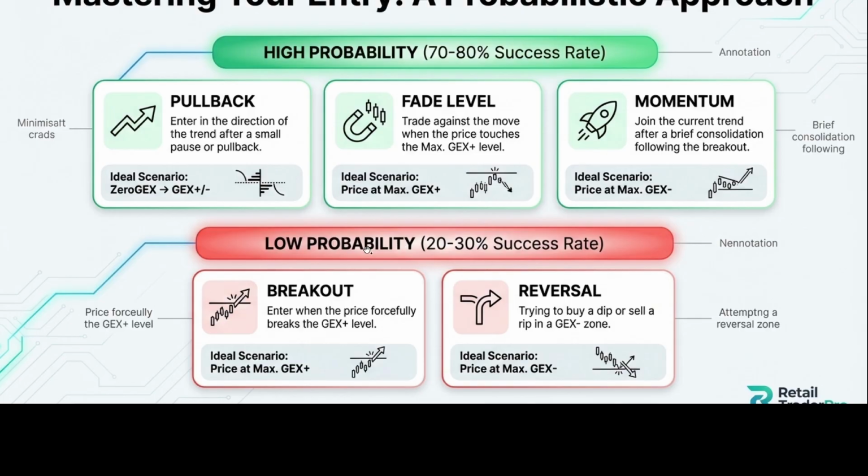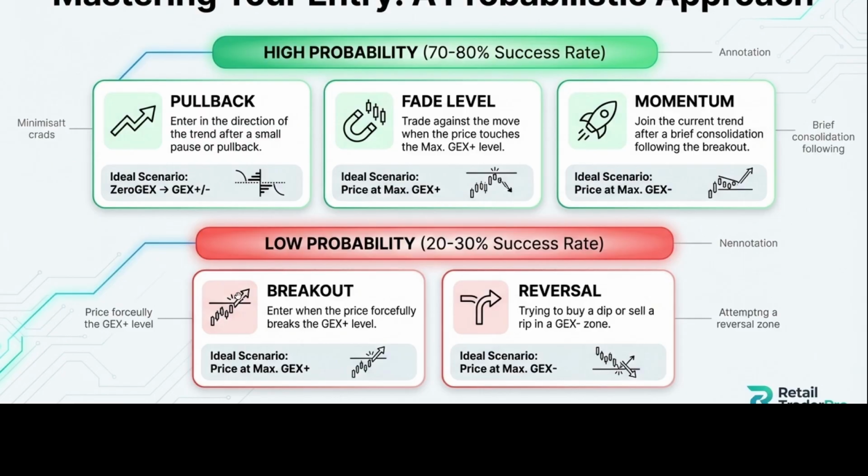Take this into account. Remember that the max GEX level is a wall. If price breaks out of this level, there is a high probability that price comes back against to the max GEX level, because at this level market makers have to cover their position and they are in long gamma.